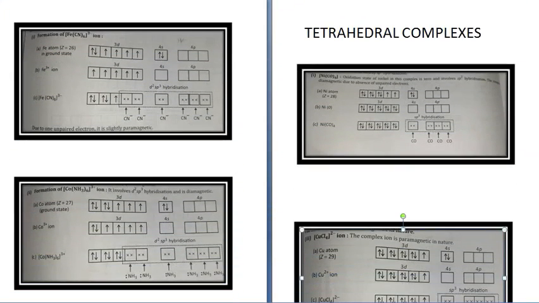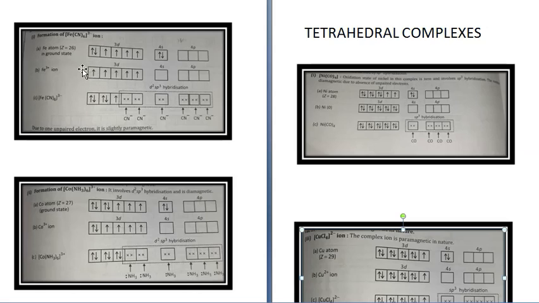First is formation of Fe(CN)6 3- ion. Now you know that iron has atomic number of 26. So in ground state the electronic configuration is 4s2 3d6. So 5 orbitals of 3d, they are filled with a single electron first, and then the first 3d orbital, the electron is paired with opposite spin.